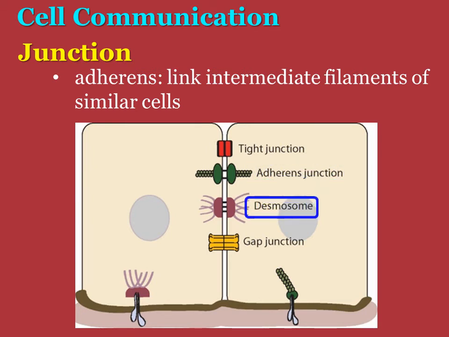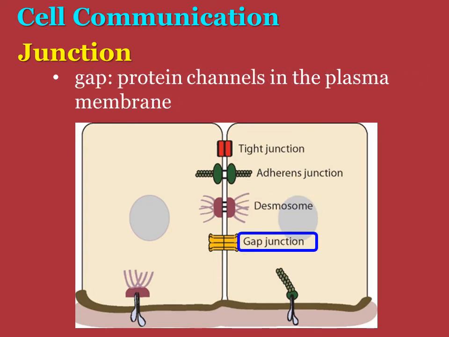Desmosomes are even stronger connections that join the intermediate filaments of neighboring cells. Gap junctions, similar to plasmodesmata in plants, are protein channels in the plasma membrane allowing passage or exchange of ions, nutrients, and other small molecules.